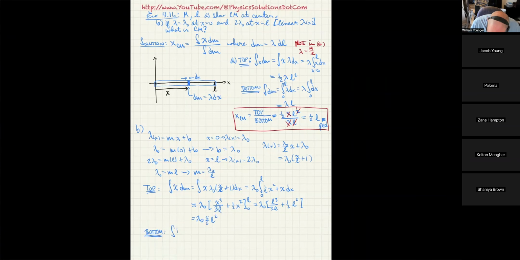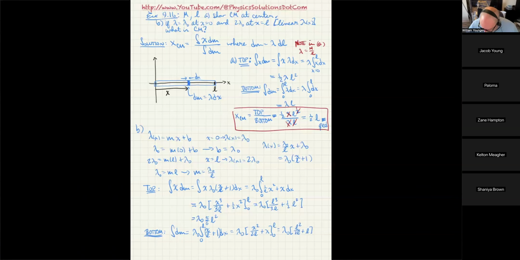And the bottom is just the integral of dm, which is lambda 0 times the integral of x over L plus 1 times dx, and that's the integral from x equals 0 to L. And in this case, we're going to get lambda 0 times x squared over 2L plus x from 0 to L, which gives me lambda 0 times L squared over 2L plus L, just like that.